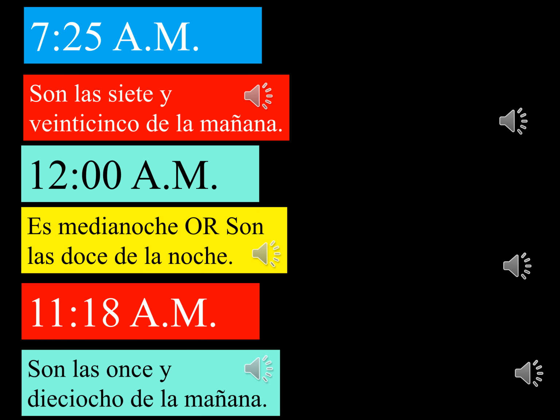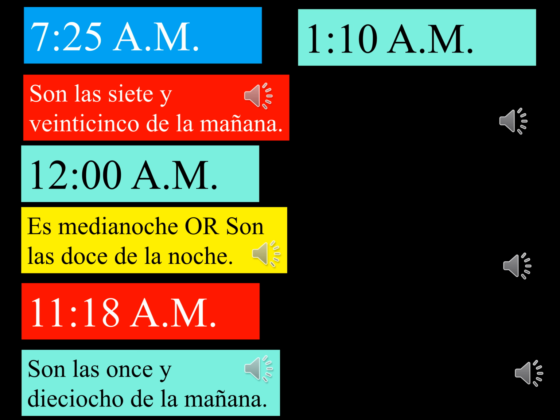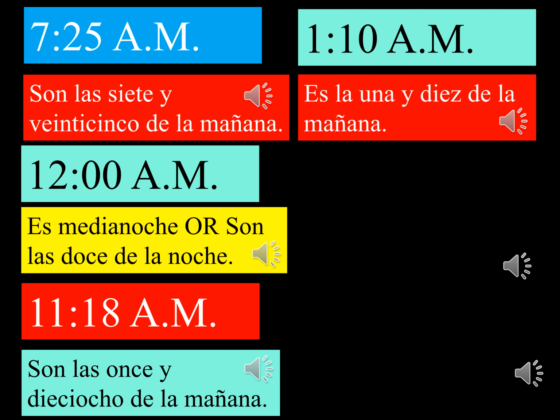Son las 11:18 de la mañana. Es la 1:10 de la mañana.